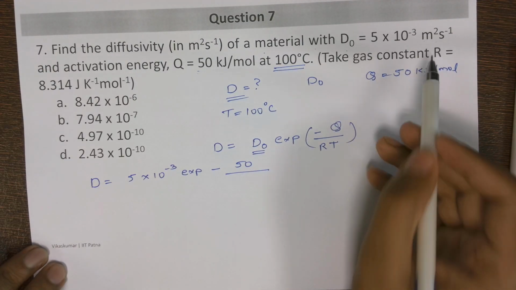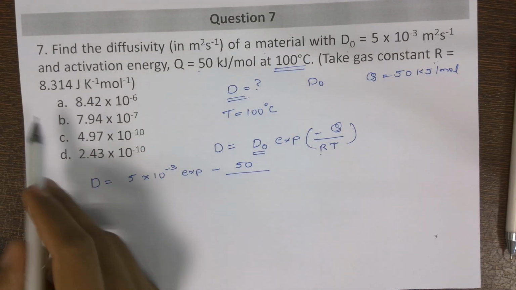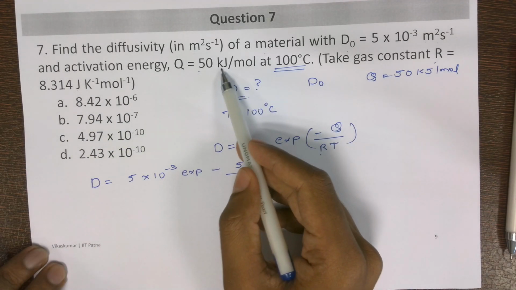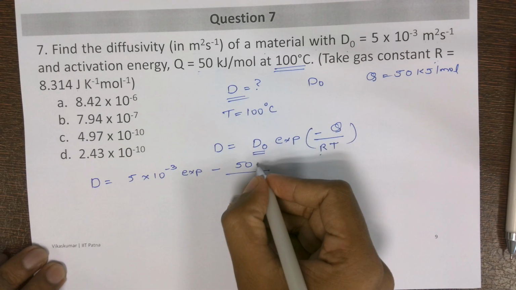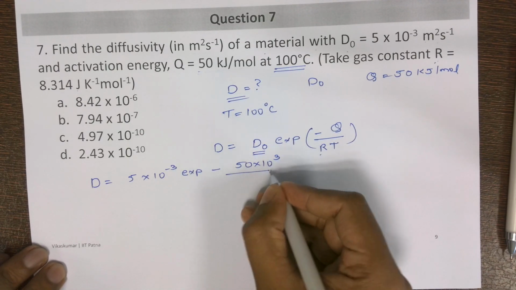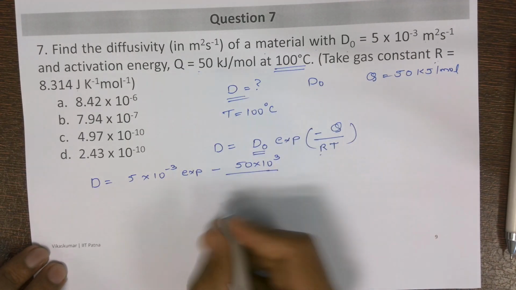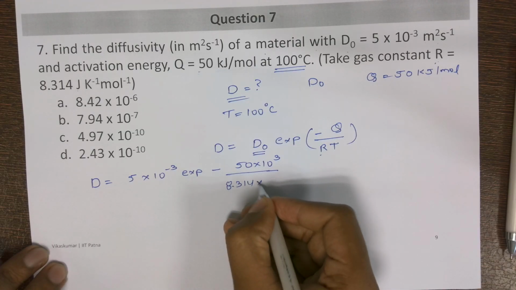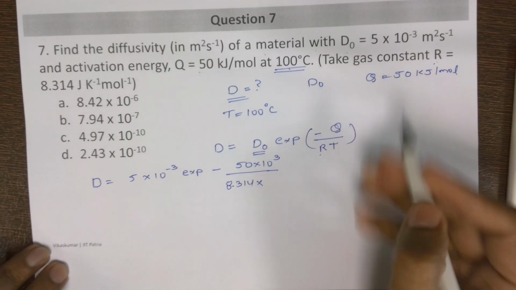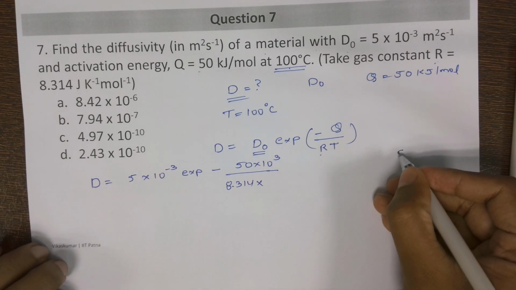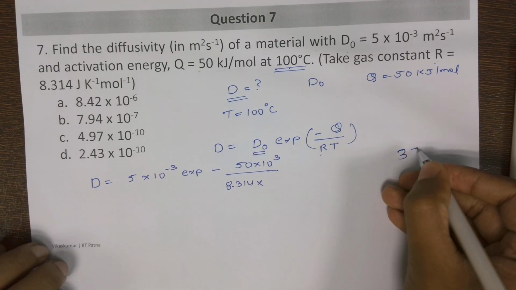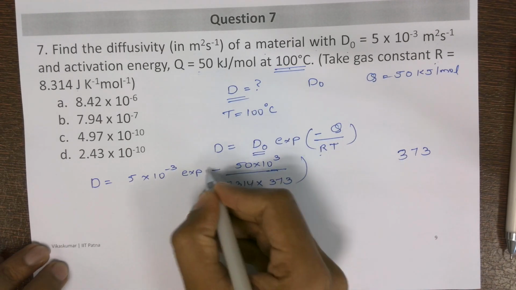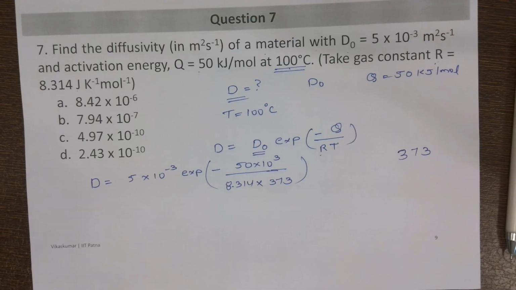But you can see the unit of R and T. The unit of R is joule per kelvin per mole. So I will convert this kilojoule to joule itself, multiplied by 10 to the power of 3, divided by 8.314 into T. T is 100 degrees Celsius, so we'll take it in Kelvin, which will be 373 Kelvin. Now once we solve, we'll easily get the answer. Let's try to do this.